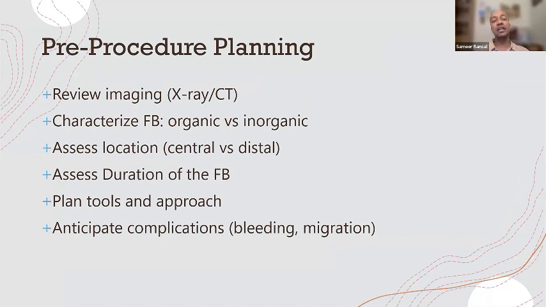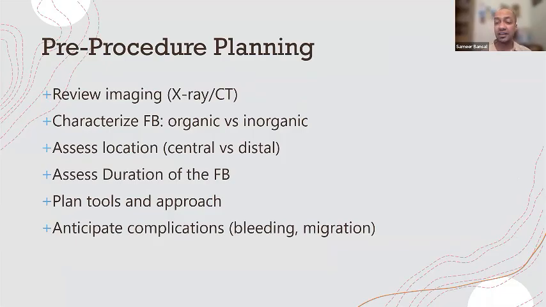Again, important is pre-procedural planning. Important is to review the imaging, your X-rays and your CT scans, assess the locations, characterize the foreign body, get into history. What was it that precipitated the cough or that choking sensation? What kind of foreign body is it? Organic, inorganic? Assess the duration. How long has the cough been there?